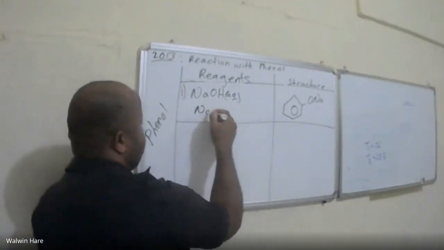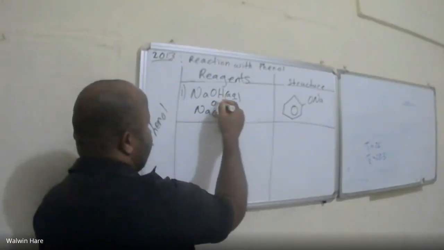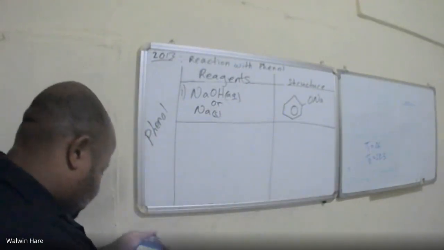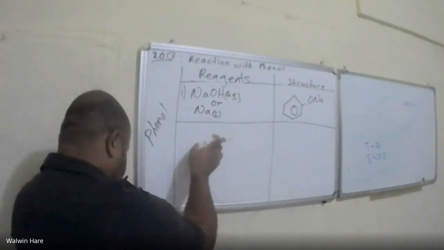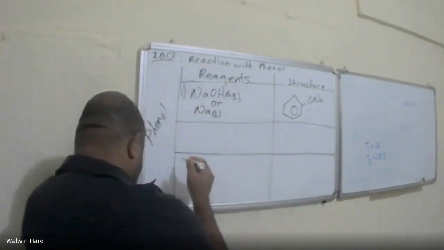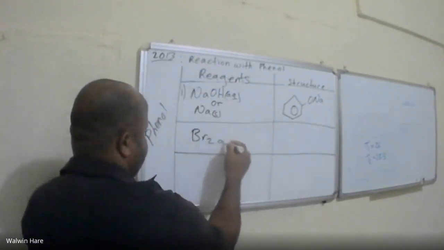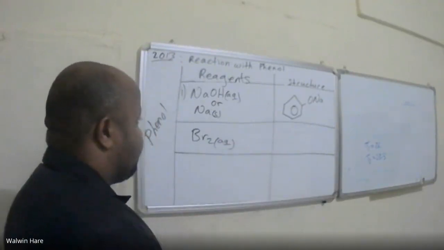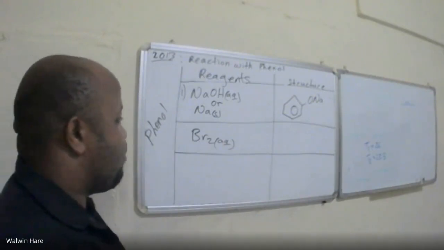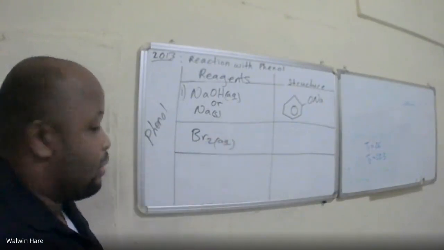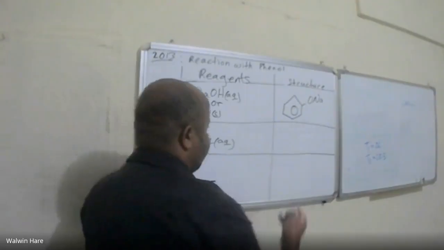Right. So you can react it with sodium metal or sodium hydroxide solution. And then they gave us the reagent for this one. The reagent is aqueous bromine. So what is the name of the compound when you have phenol with aqueous bromine? The tribromophenol. Right?